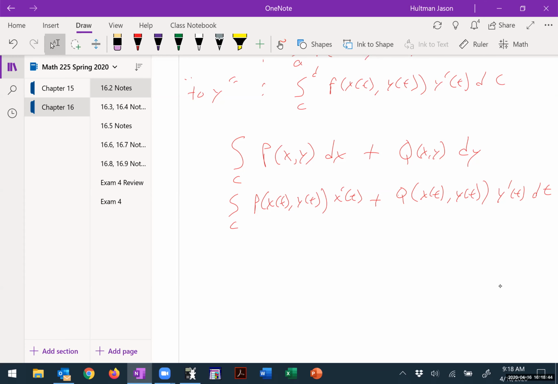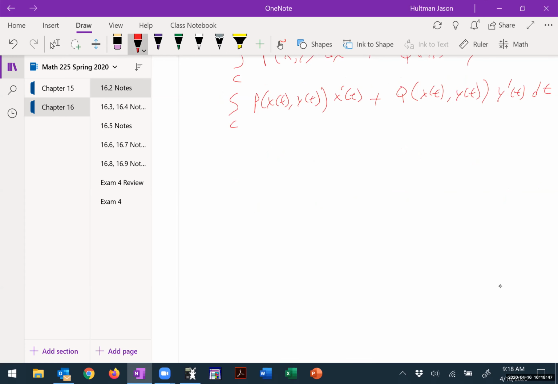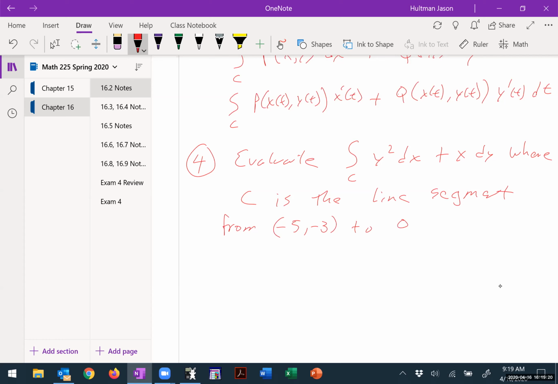Let's go into number 4 here. Evaluate the line integral over c of y squared dx plus x dy, where c is the line segment from (-5, -3, 0) to (-5, -3, 2).